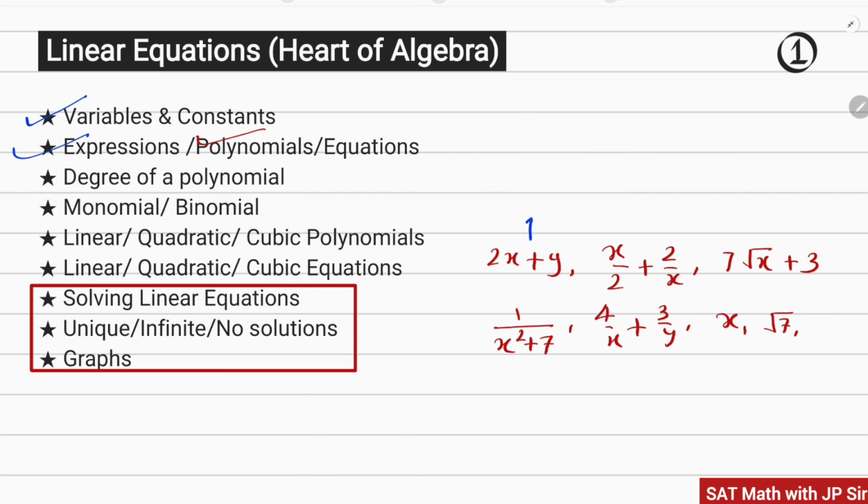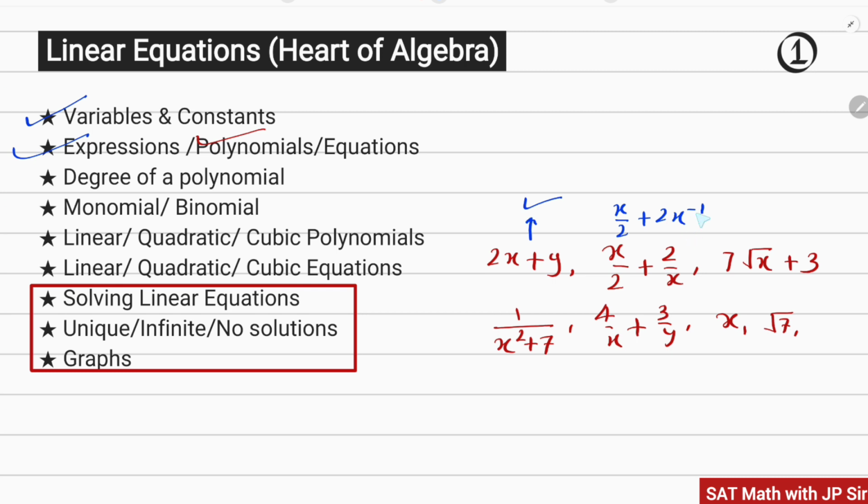First, this one. Is it a polynomial? Yes, it is a polynomial because the power of x is 1 and the power of y is 1. Both 1 and 1 are whole numbers, so it is a polynomial. What about this? If you just look at this, you may say it is a polynomial, but no, it's not, because we have x in the denominator. If you take this x up in the numerator, you will have 2x to the power minus 1.